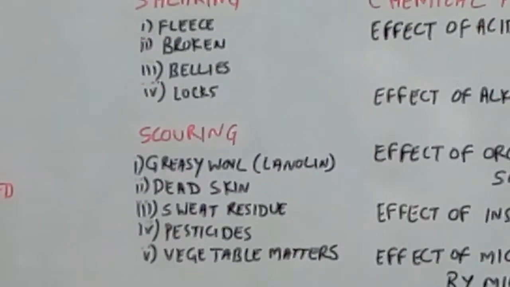See, what is removed from the fleece, sheared from the wool, has grease. That grease is a valuable substance, not a waste substance. It is called lanolin. Lanolin is the greasy part of raw wool.